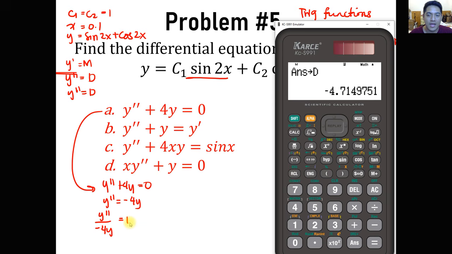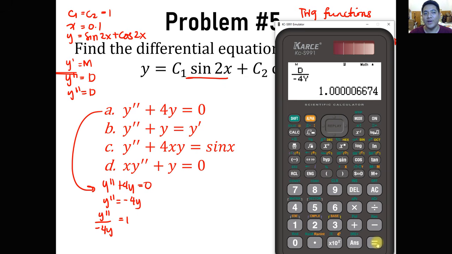So let's try that. You have y double prime, that's the second derivative D, all over negative 4Y. This is really approximately equal to 1.